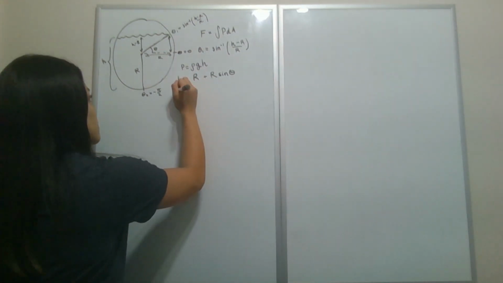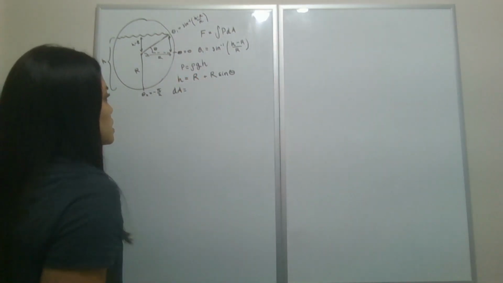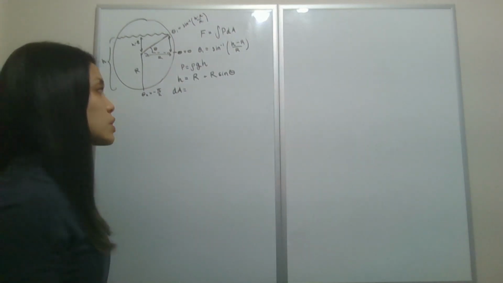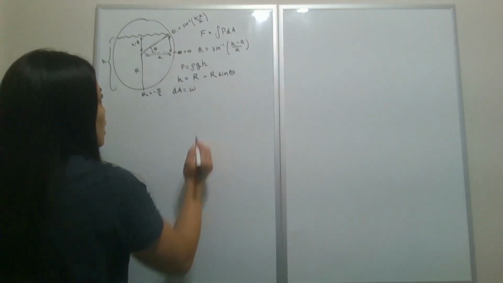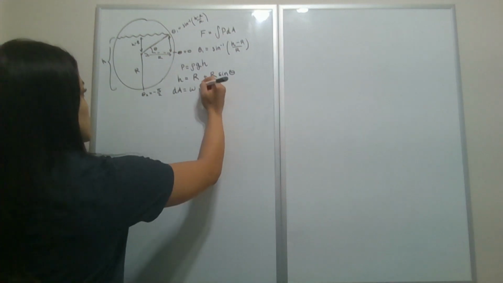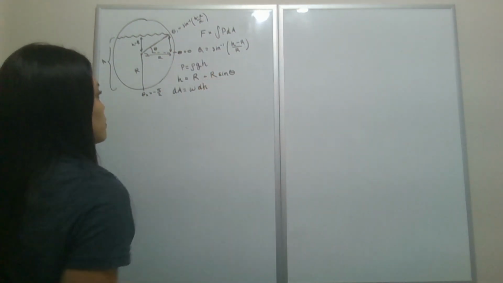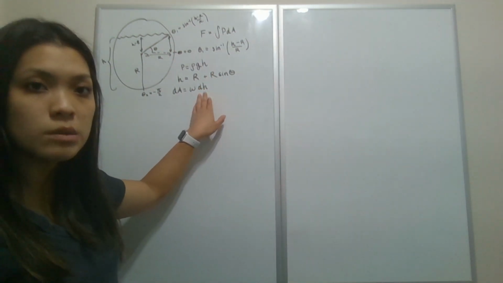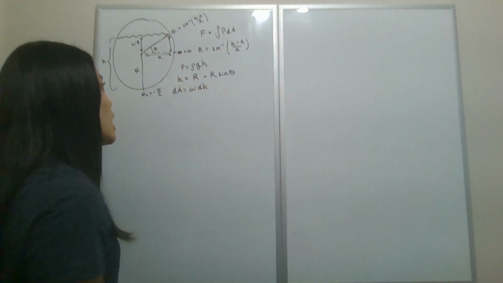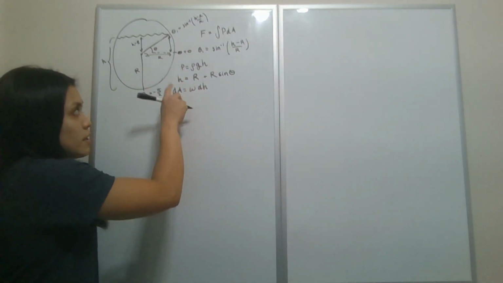And so now that we have the pressure force in terms of the polar coordinates, we will also need the differential area in terms of the polar coordinates. So the differential area is just going to be the width of the circle times the differential height of the circle. Differential height is pretty simple, as we're just going to differentiate the height that we defined up here.